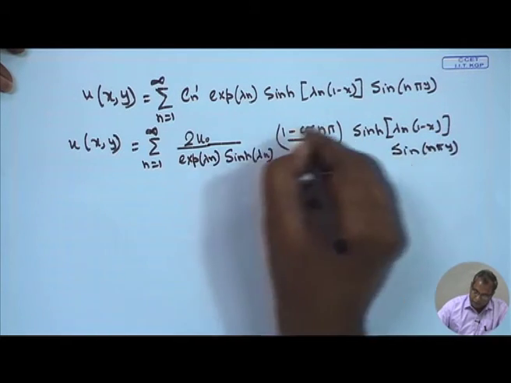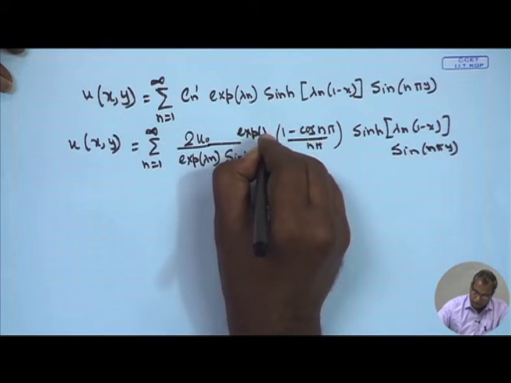So, there was an exponential lambda n here, so you can write exponential lambda n there.